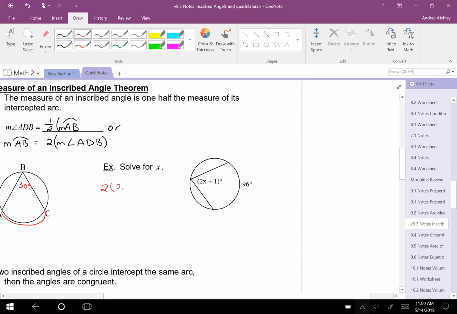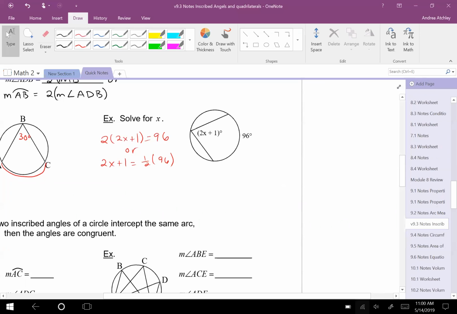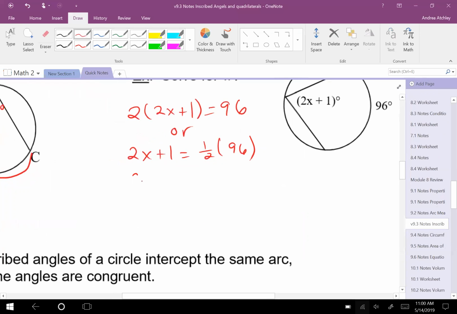Okay, 2 times (2x plus 1) equals 96. Caleb, you had a different equation. Okay, or you could have 2x plus 1 is equal to half of 96. Both of those equations will work because they both show that the angle is smaller than the arc. So it doesn't matter which one you wrote, they'll both give you the same answer. So I'll just continue with this one.